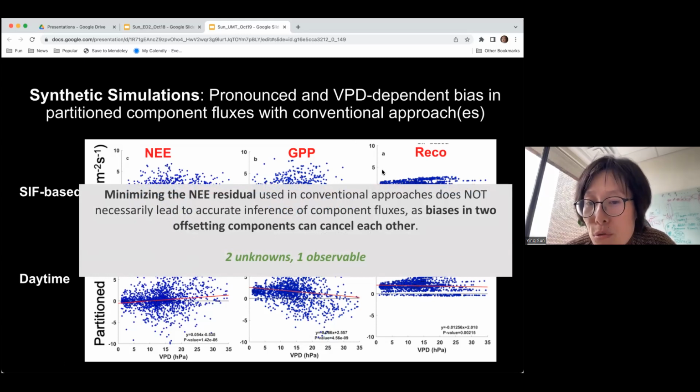It's impossible to resolve two unknowns with one observable unless we have an independent measurement that can anchor one of them. So here our approach is to use SIF in order to anchor GPP.